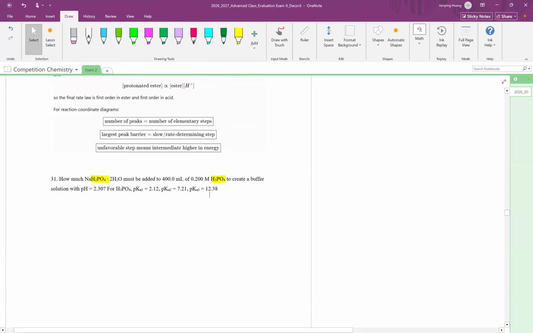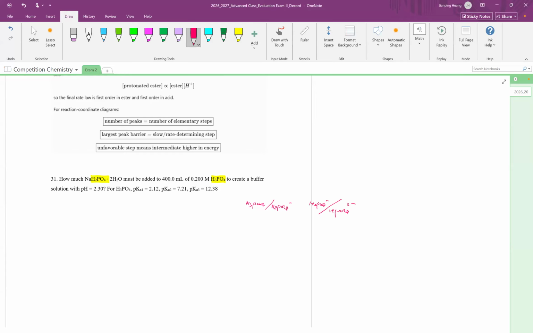In this system, there could be 3 different buffers, and each one will have a different pH.